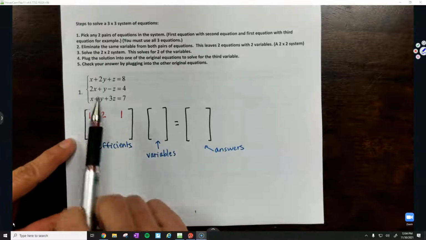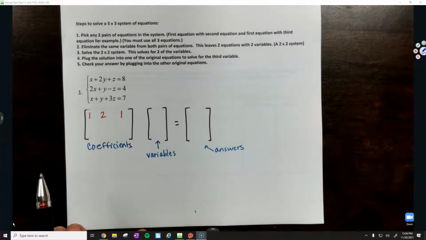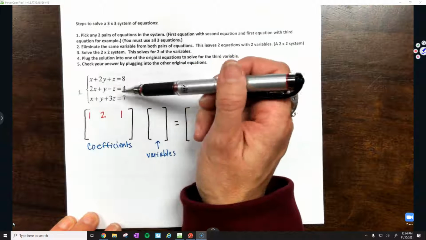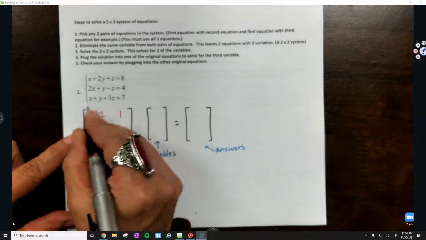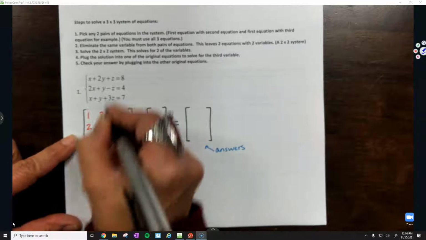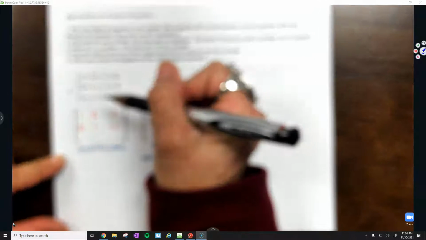The next row of coefficients, by the way, make sure it's always in the same order. All of my x's need to be first, all of my y's need to be second, all of my z's need to be last, which they are. So my next row is 2 for the letter x, 1 for the letter y, and -1 is next to that letter z. And then our last row is 1, 1, 3.